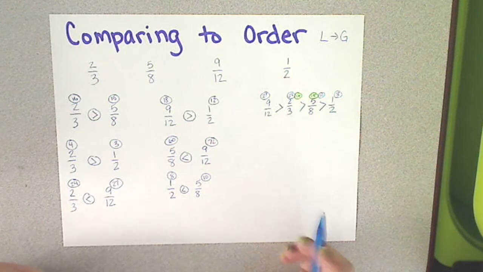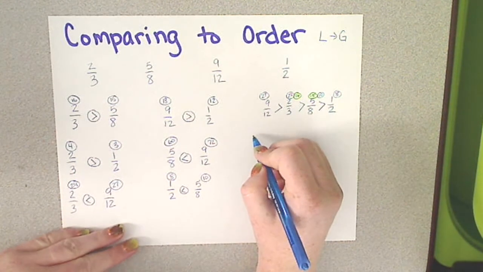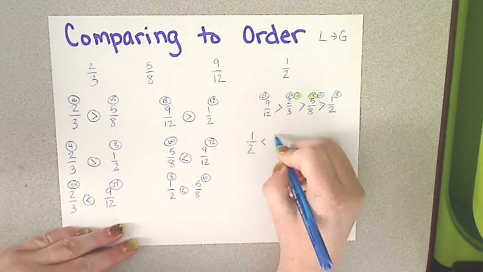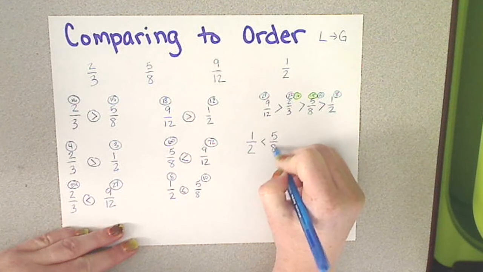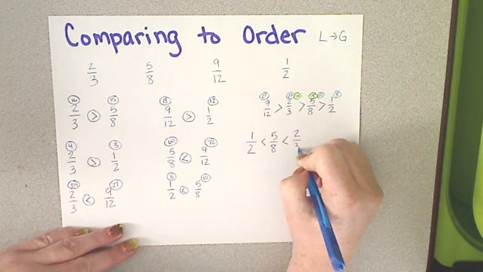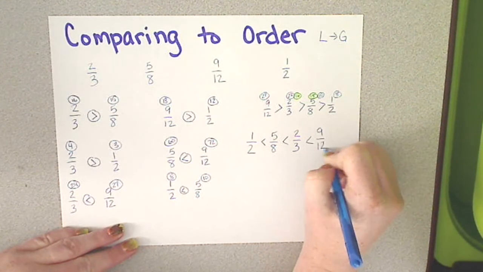Okay, so I do have them in the correct order, which means that the correct order from least to greatest is going to be 1/2 is less than 5/8, which is less than 2/3, which is less than 9/12.